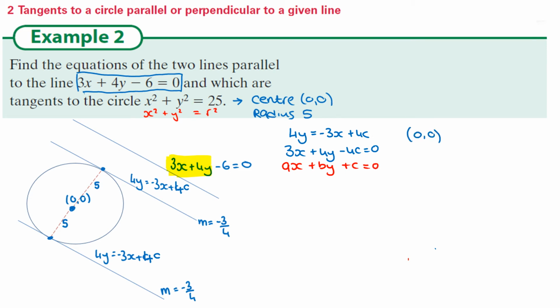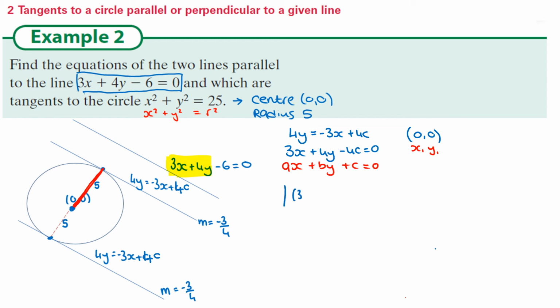We're measuring from the point 0, 0, so that's x1, y1, and that should equal 5. Basically we're measuring this red line here from 0, 0 to the line, bearing in mind those two lines have pretty much the same equation, just with a different c. And when we do that, it should equal 5 because that is the length of the radius.